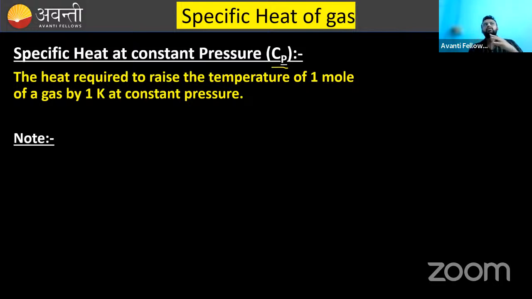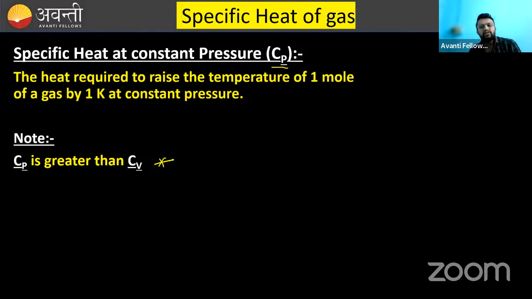So the thing is that Cp is always greater than Cv. There is a logic behind that as well. If you ask me, I will explain it to you. Right now, I am moving further. I am asking you to remember that Cp is greater than Cv.